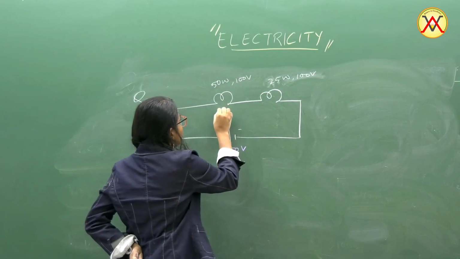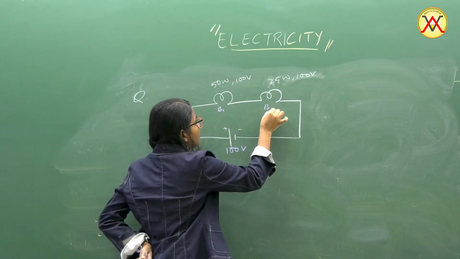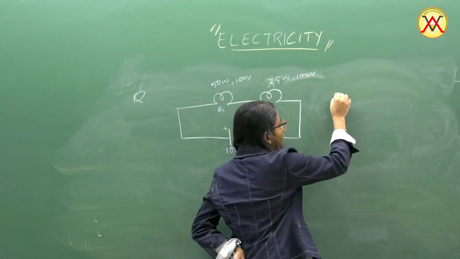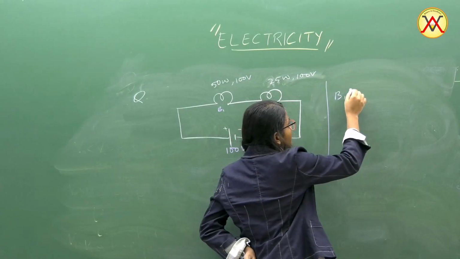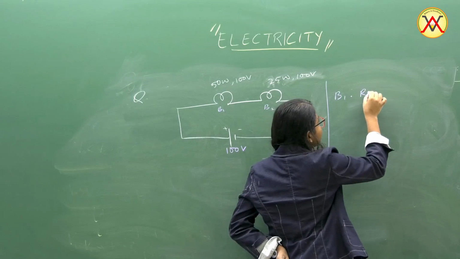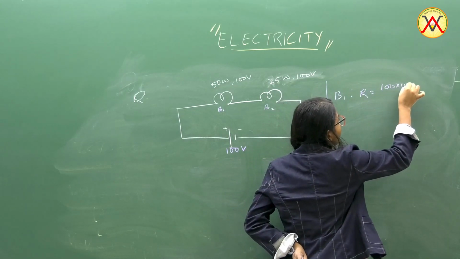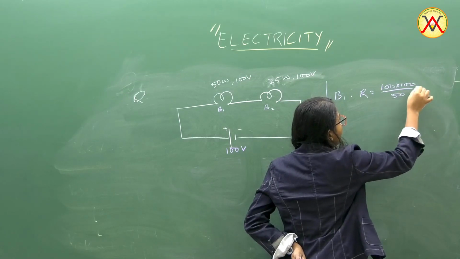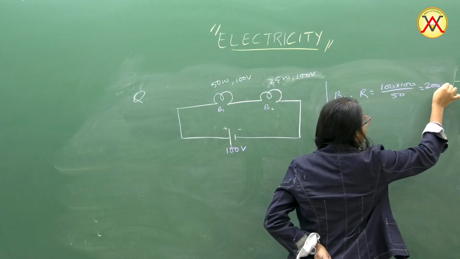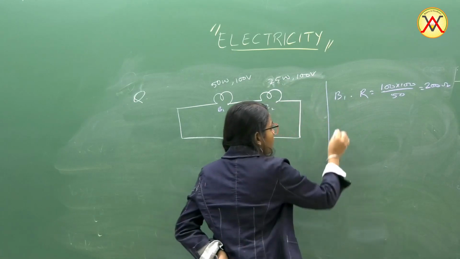Let's suppose this is B1, this is B2. For the first bulb, our resistance would be what? V square by P, 100 into 100 by 50, which comes out to be 200 ohms.